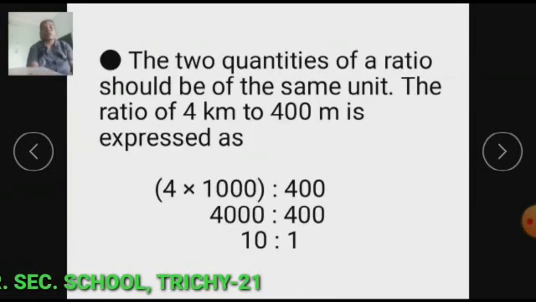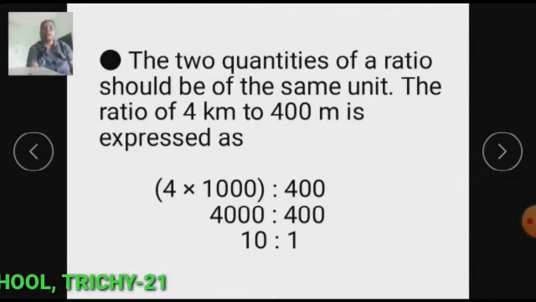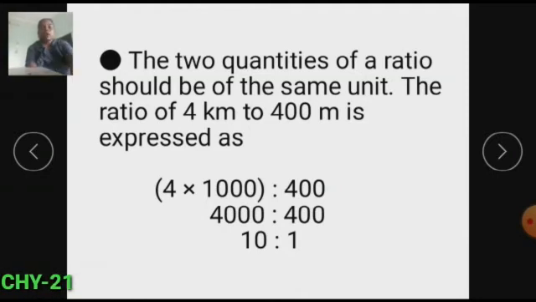Property 2. The two quantities of a ratio should be of the same unit. The ratio of 4 km to 400 meter is expressed as 4 into 1000 is to 400, equal to 4000 is to 400, which is simplified equal to 10:1.